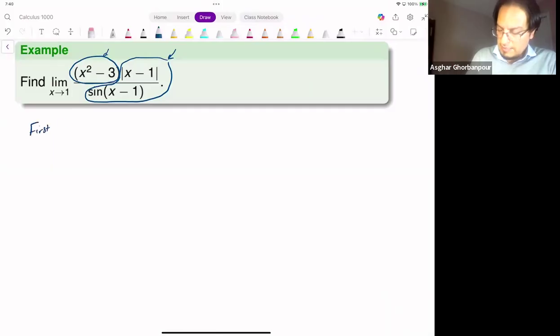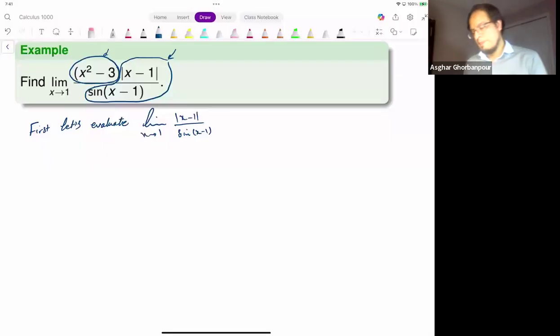First, let's evaluate the limit of absolute value of x minus 1 over sine of x minus 1 as x goes to 1. And why is that? Because that is how you will be able to use the product law: you evaluate this part, you evaluate that part, and then you multiply.